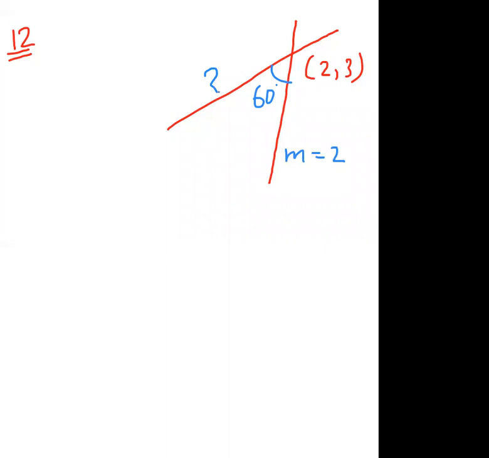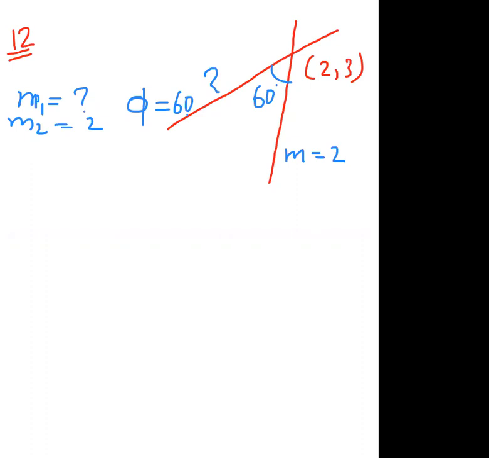We need to find the equation of this line. So what to do to calculate the equation of this line? We need to calculate the slope of this line. So that slope calculation is m, we need to find m1, we can say m2 is given to us 2, phi is given to us 60.